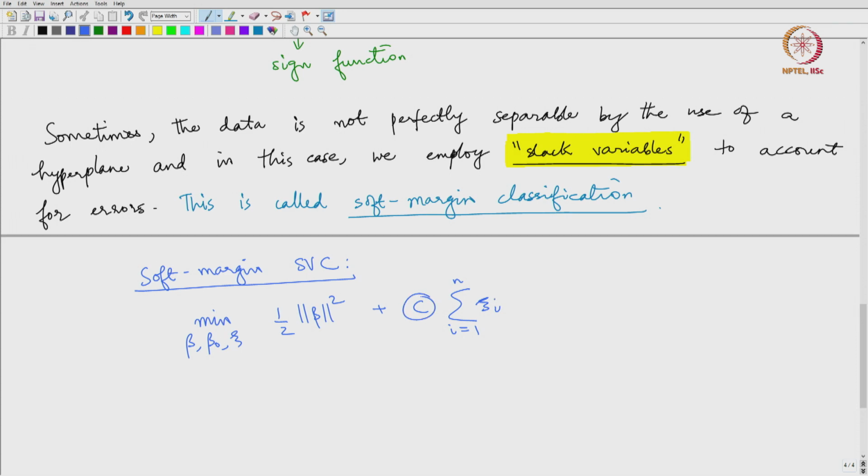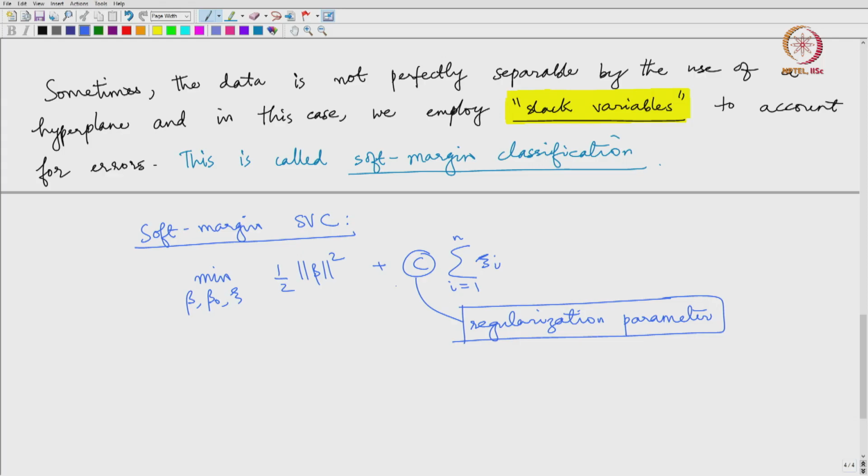So, this C is a regularization parameter, that is the penalty you are imposing to make these errors, right. If your regularization parameter is higher, you do not allow these errors to be made, and if this regularization parameter is 0, that means you return to the hard margin classification problem.